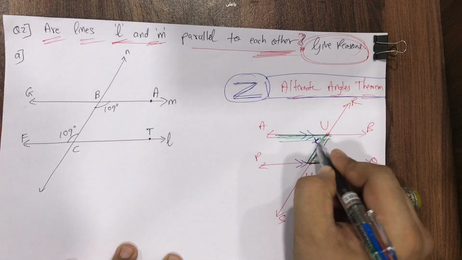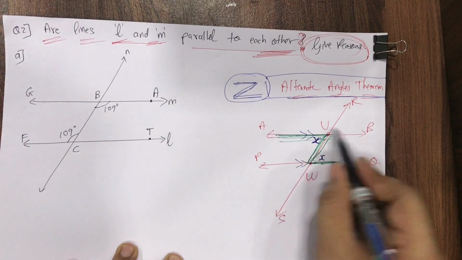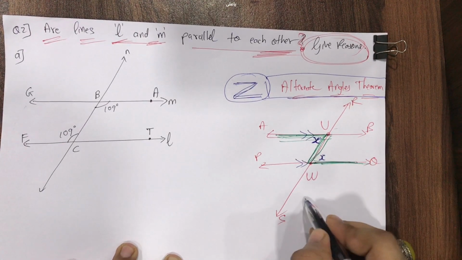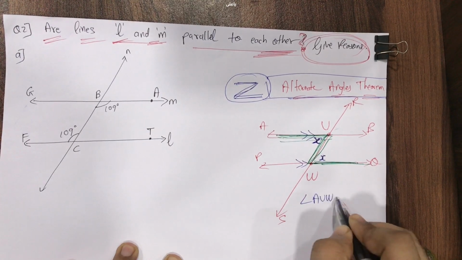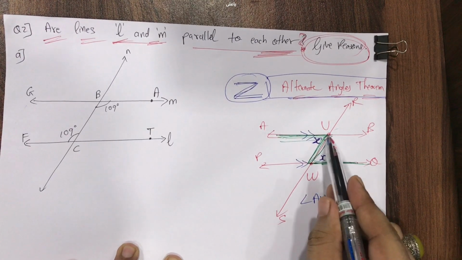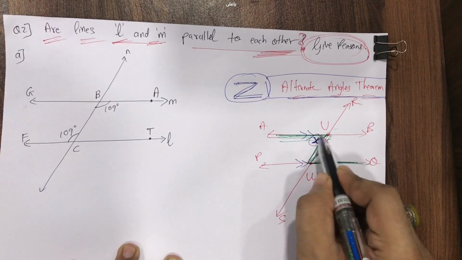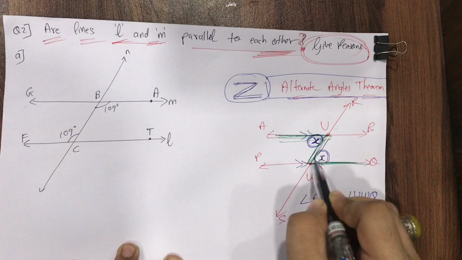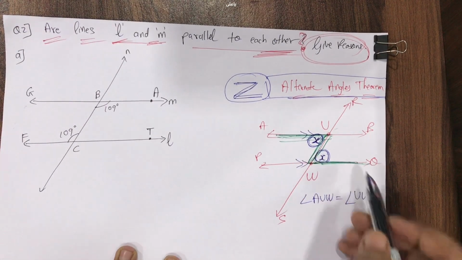This angle small x will be equal to this angle because this comes inside the Z and this also comes inside the Z. So angle AUW will be equal to angle UWQ. This angle will be equal to this angle. This comes inside the Z and this comes inside the Z because a Z is formed.